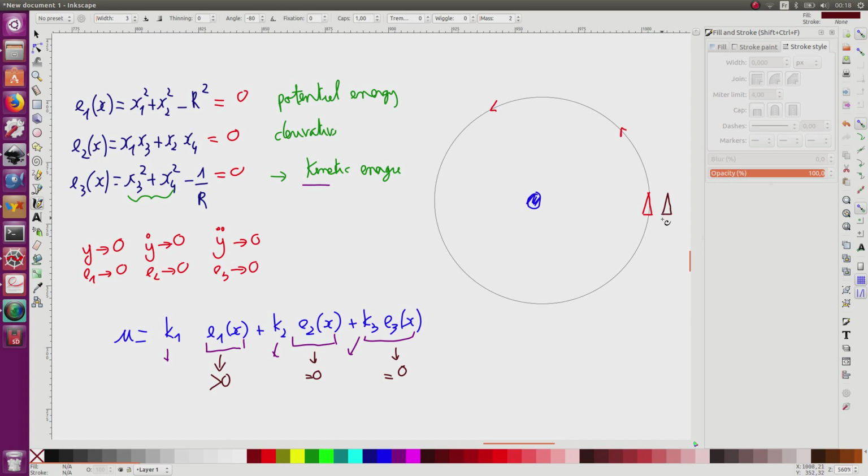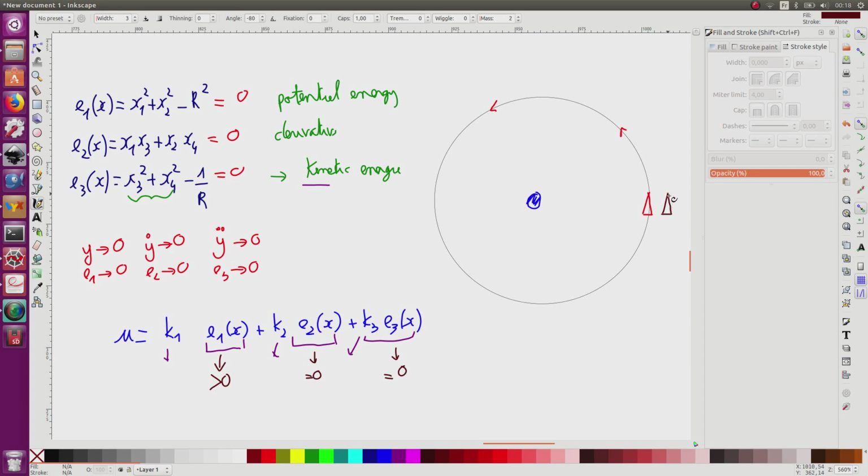So the kinetic energy is the same since E3 equals 0, but since I have more potential energy, we can understand that the satellite will do something which is not the right circle, and probably an ellipse. Difficult to draw the ellipse.